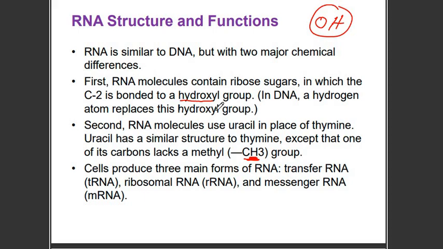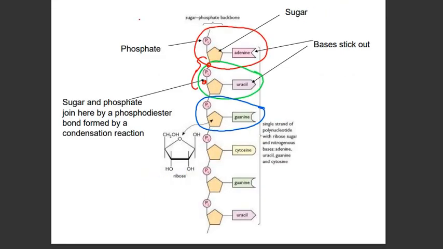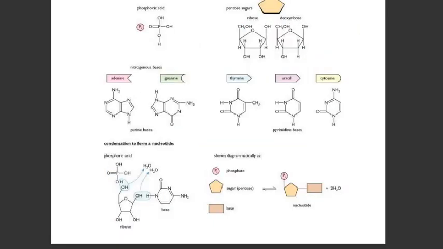If you recall the structures for thymine and uracil, look at the position. The difference between these two is the existence of this methyl group.